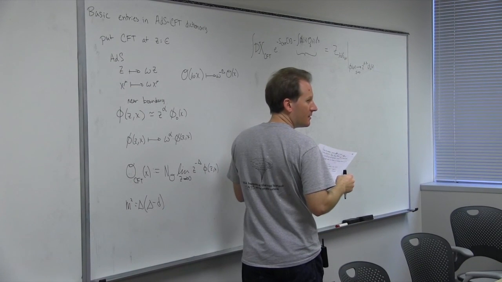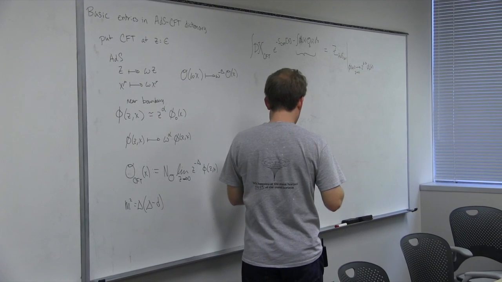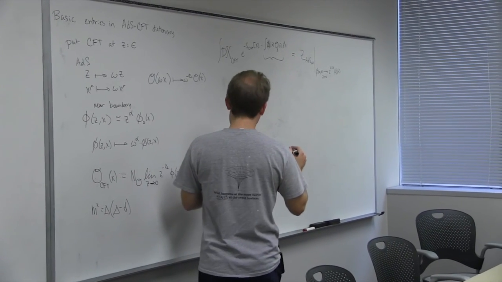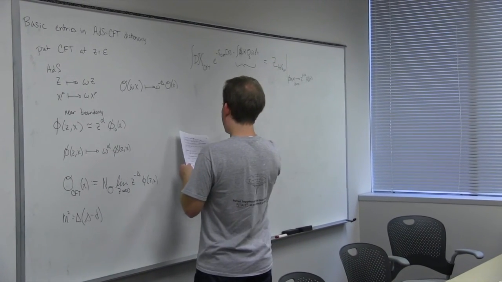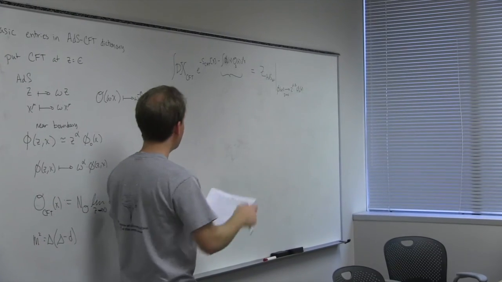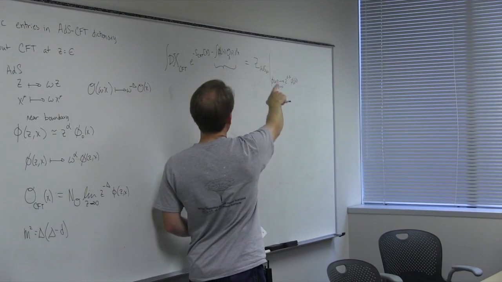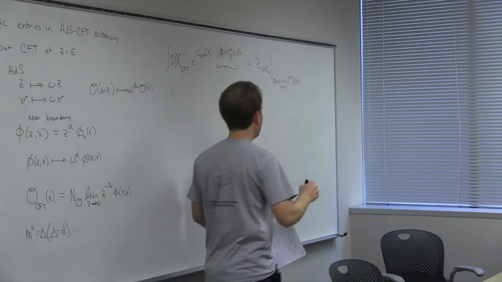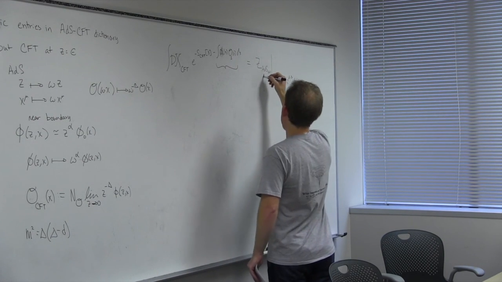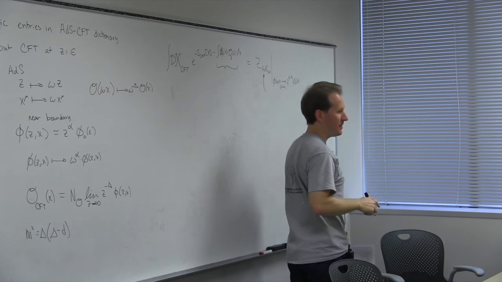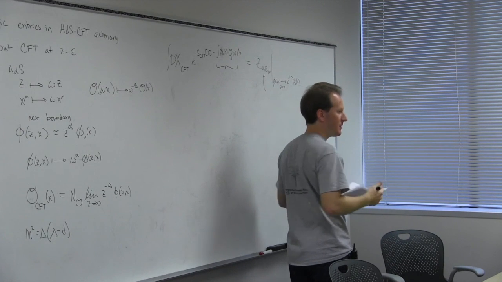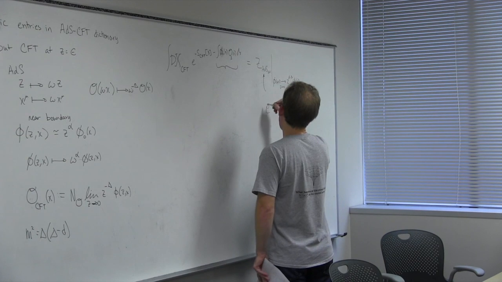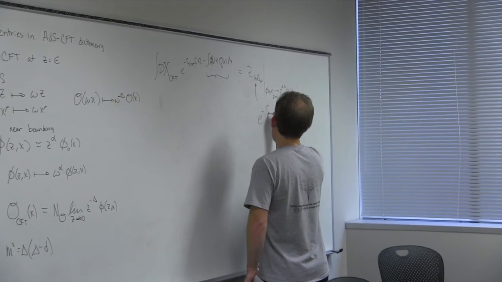So, okay, in two minutes I can't do the two-point function. We can continue next time. But what I was going to start doing is saying that if you take N to be large and you take lambda to be large, then this right-hand side becomes classical supergravity, so I can use the saddle point approximation, and I should just think of this as e to the minus the on-shell action.